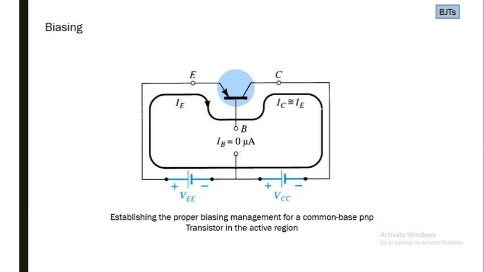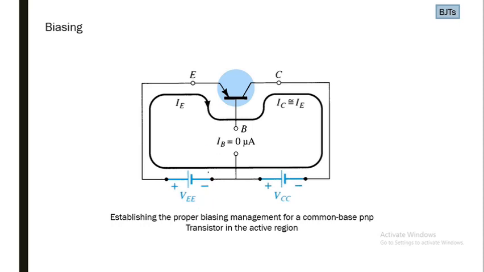Now, this figure will show you why we need biasing and how we do biasing. We bias the transistor in order to make current flow through its terminals, and the biasing configuration is such that it establishes the current in the direction of this arrowhead.